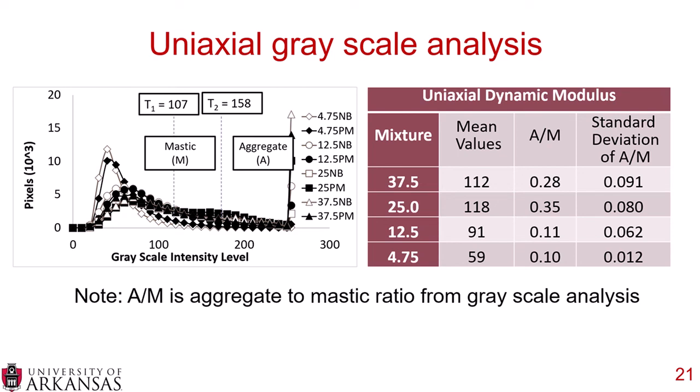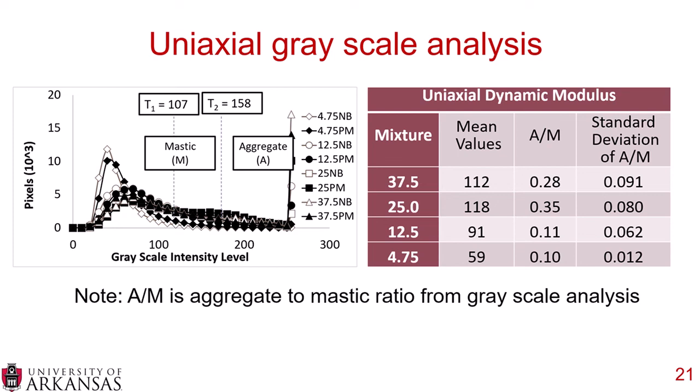Now pivoting to the table on the right, you can see this is the data for the uniaxial configuration for the dynamic modulus. And you can see that as the nominal maximum aggregate size decreased, the mean grayscale intensity level value also decreased. It went from about 112 and 118 down to 91 to 58. The aggregate to mastic ratio also followed that same trend. And it doesn't quite decrease. There's actually a little bit more of a parabolic shape where the 25 millimeter nominal maximum aggregate size has the maximum mean value and A/M.